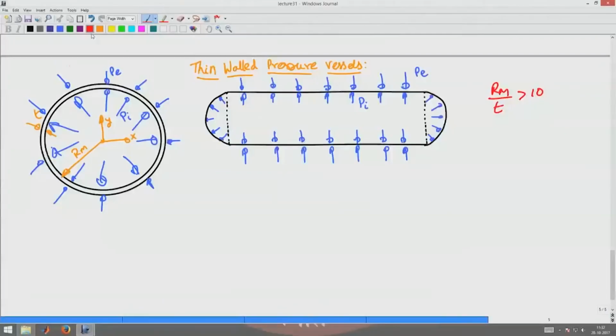So, what I do is I cut here like this and like this, which will be a cut made in the cylinder like this. This is the cut I am making in the cylinder. Once I cut that, what will I get? I will have the OOP stresses, which is the circumferential stresses, exposed.